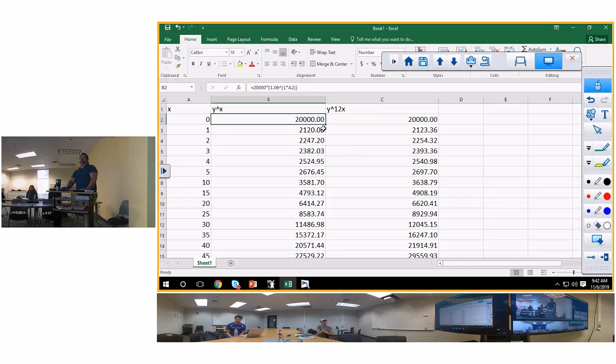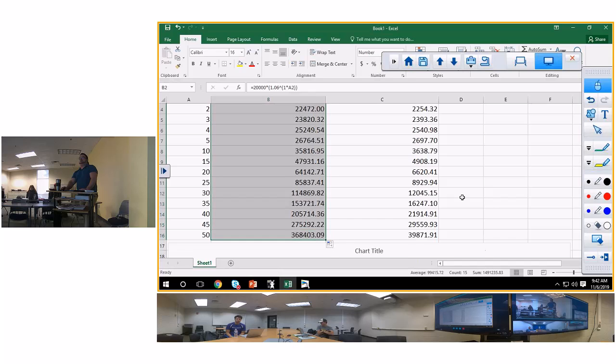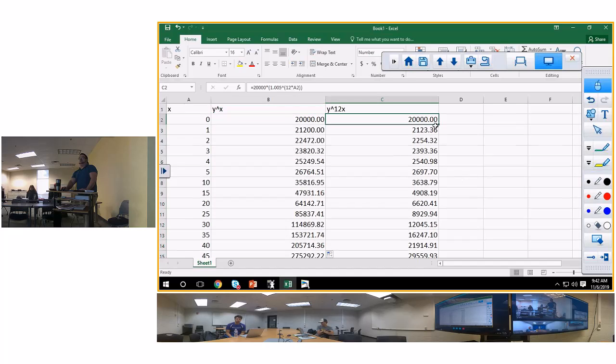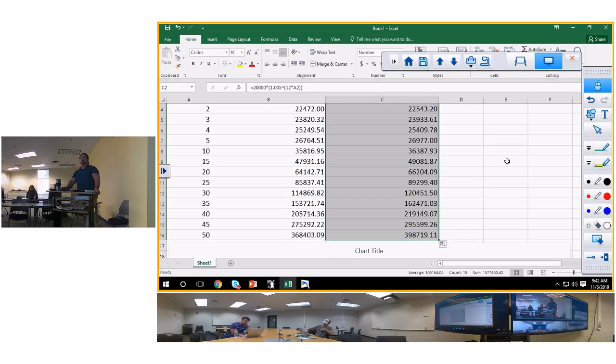Now copy those two down. Let's see what happens after 50 years with $20,000. Because you're not rednecks, you don't go out and spend $20,000 as soon as you get it. You want to save some of it at least. All right?